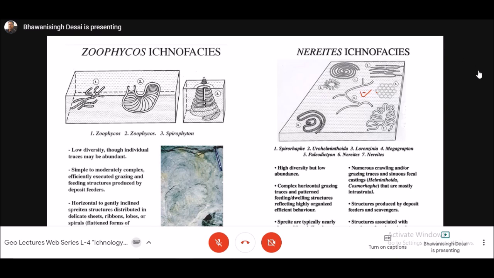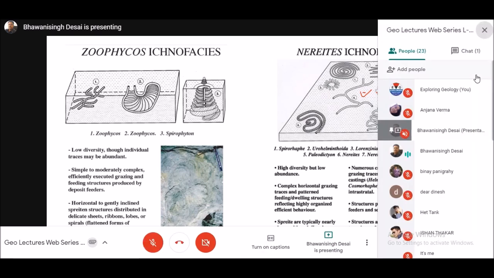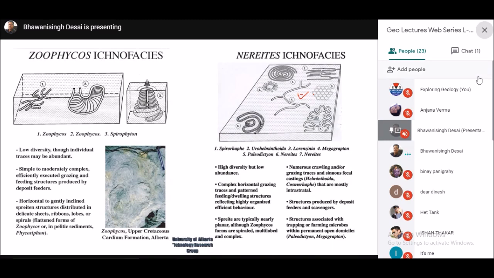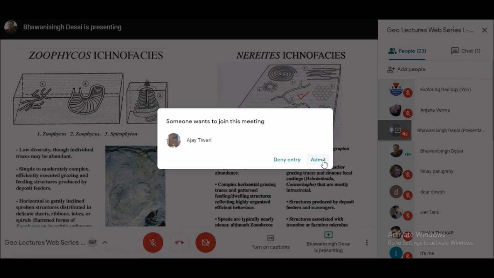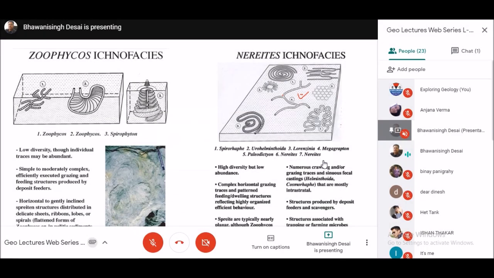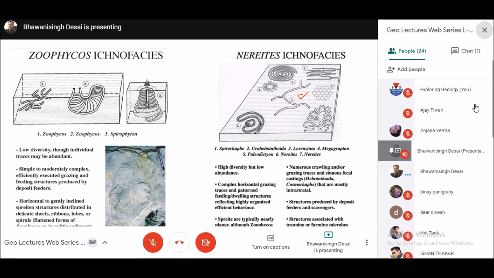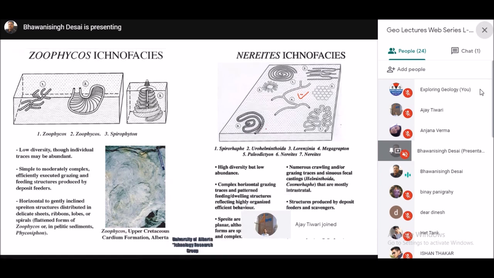In that condition, when the animal exploits it, it needs to exploit it better so that it gets the maximum resource. Therefore, they have adopted a strategy to exploit this in a very efficient way.